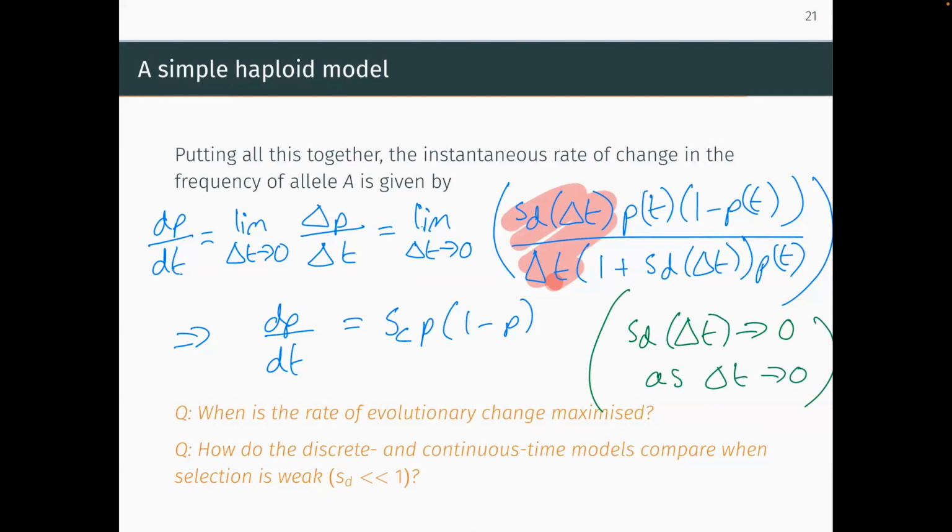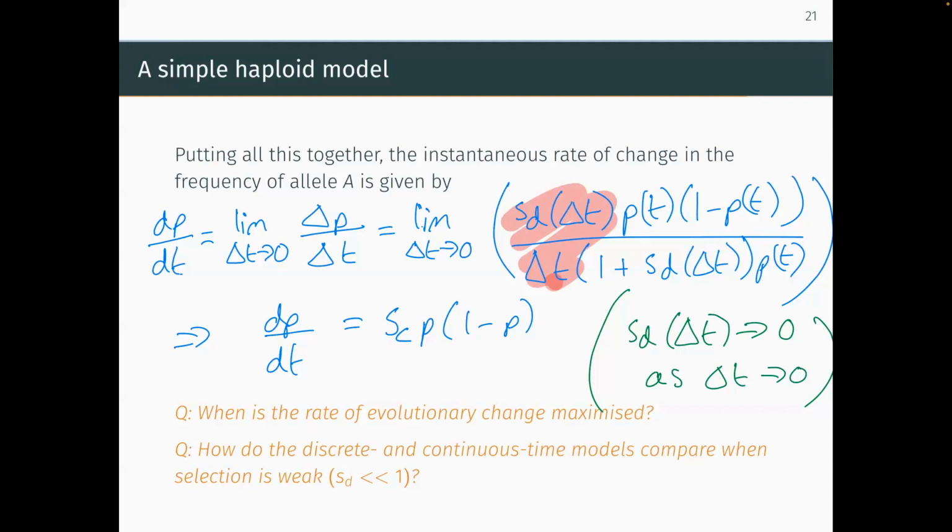Why does that matter? The amount of selection that goes on as this discrete window tends towards 0. That means that on the denominator, we're going to have 1 plus something tending towards 0 times p of t.